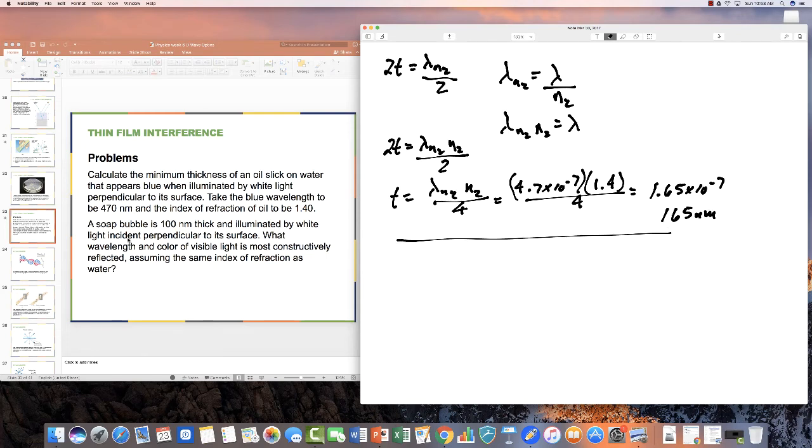Now if we look at the second problem, a soap bubble 100 nanometers thick is illuminated with white light. What wavelength and color of visible light is most constructively reflected, assuming the refractive index is the same as water? The refractive index of water is 1.33. Now we have 2t equals lambda n2 over 2. We use this formula because now it's not what appears, but we want to know the actual lambda.